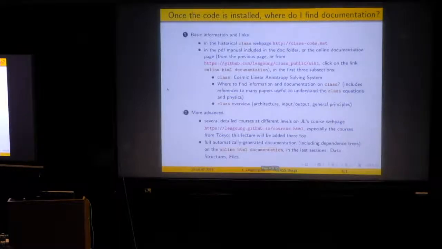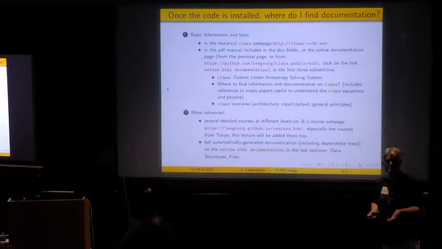And yes, here are some important links. First, if you go to the old CLASS web page, which is always maintained, classcode.net, you will find lots of comments, for instance on the different versions of the code, and a summary of all the interesting links. In particular, you will find a link to the automatic documentation, which is generated by Doxygen.